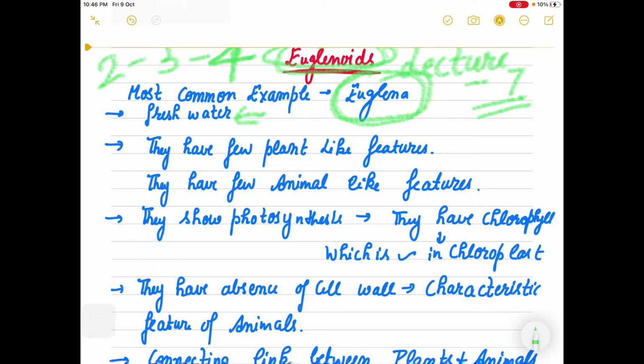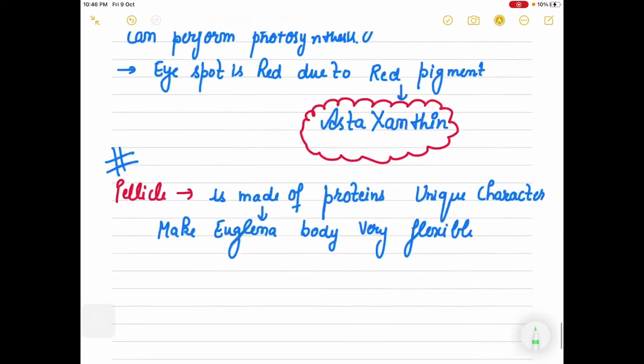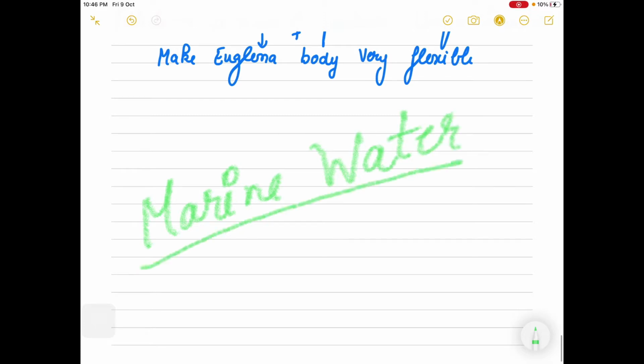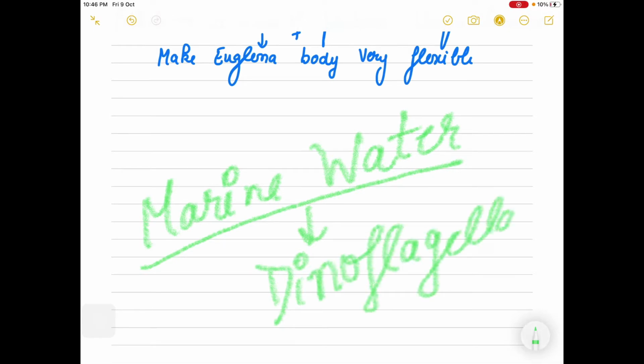First thing, it is a freshwater protist. Now, marine water protist. Quickly. Marine water protist. You know the answer. That is dinoflagellates.